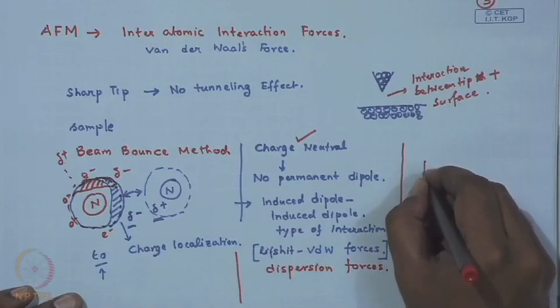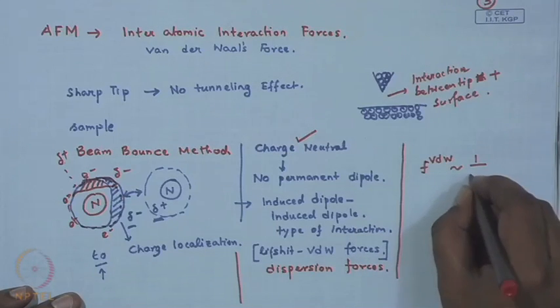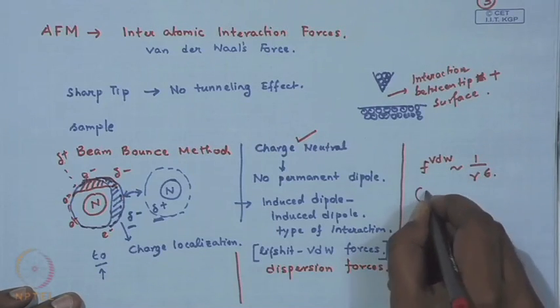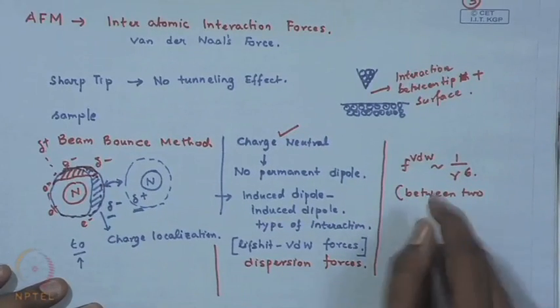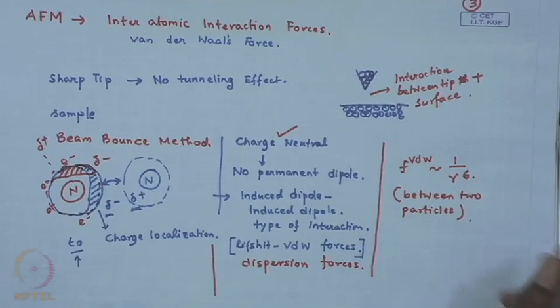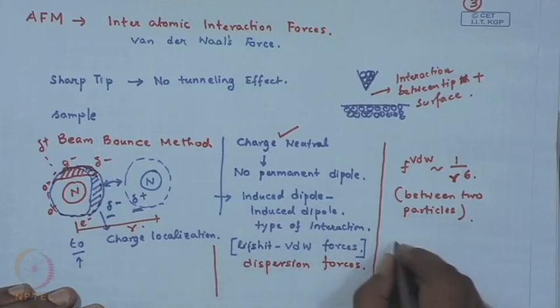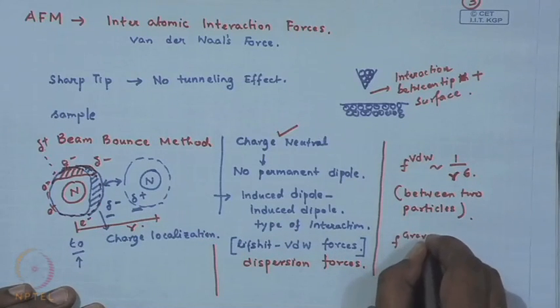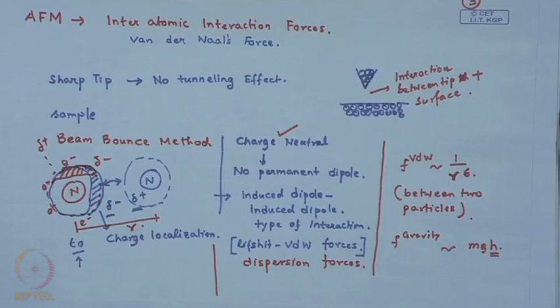The reason for this is that the van der Waals interaction scales with 1 by r to the power 6 between two particles, let us say atoms or molecules. So, r is the separation distance between the two. In contrast, your gravitational force scales with mgh, h is the separation distance.